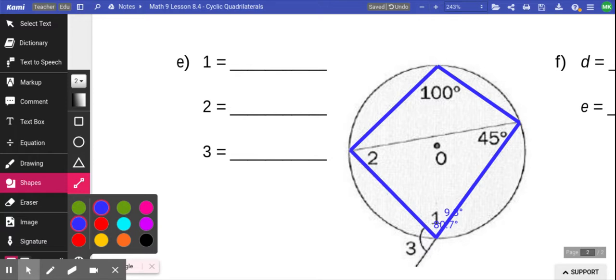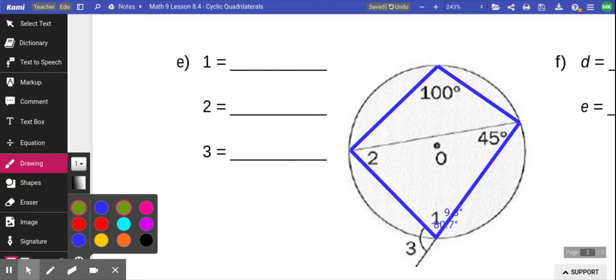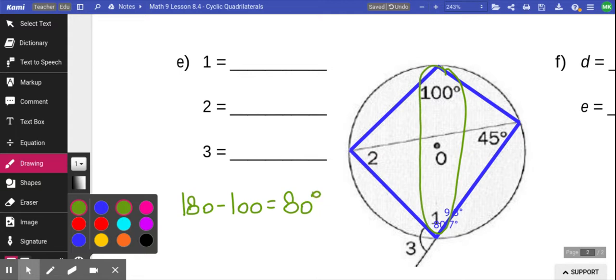We have some angles that match up nicely, so let's do those ones first because that's easy. So we have our opposite angle rule right here. Opposite angles must add up to be 180. That means we could go 180 minus the 100 that we know, and that will give me my first angle, which is 80 degrees. Awesome.